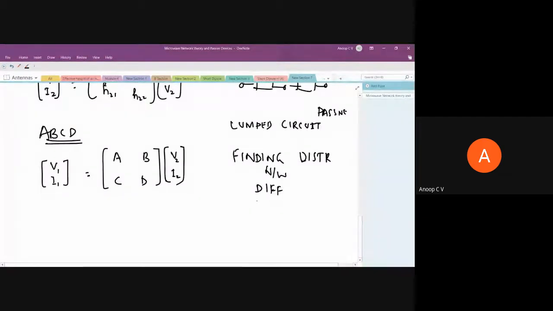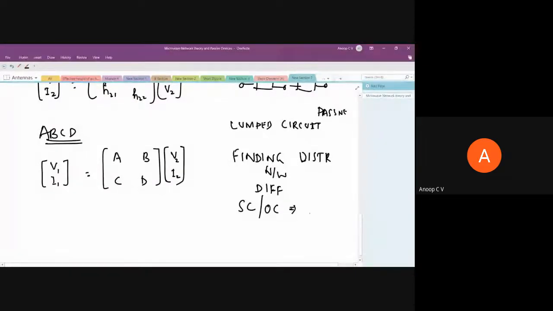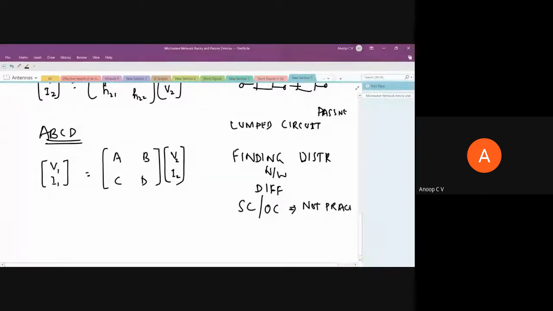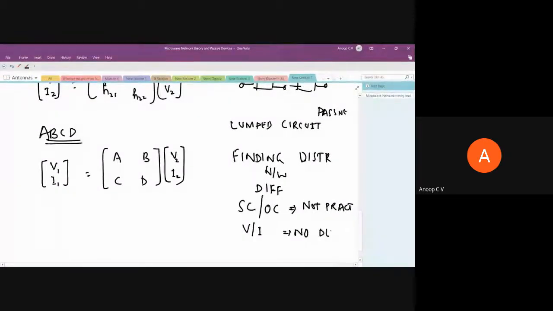Why? Because a short circuit or open circuit is not practically possible. It is possible of course, but we can't come up with a perfect open circuit or perfect short circuit. And we don't have any device to measure V and I directly at any given point.